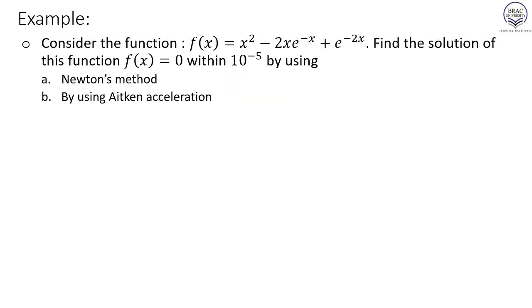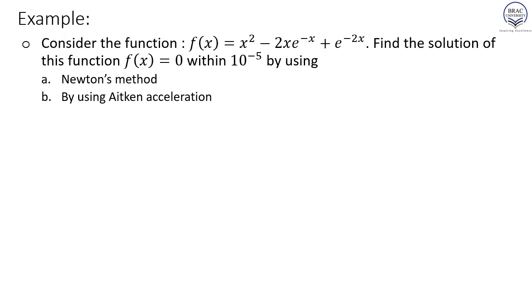This is the example we are going to solve. So consider the function f of x equal to x squared minus 2x e to the power minus x plus e to the power minus 2x.